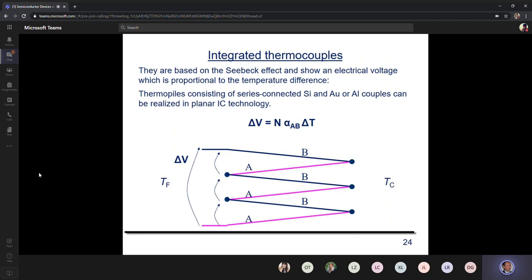Okay, so each individual couple, silicon and aluminum, will give us some voltage drop. If we have n pairs or n couples, we simply add up the voltage drops and we have a total voltage drop that is easily measurable.